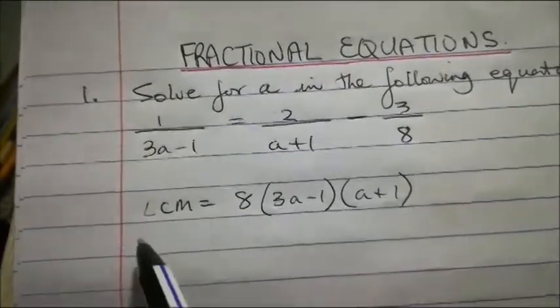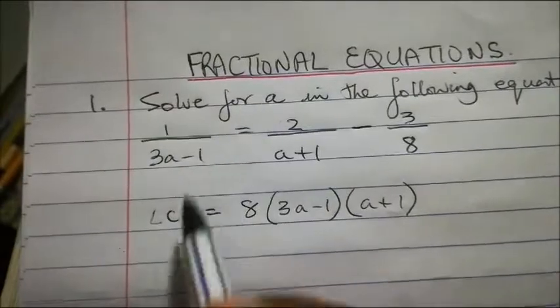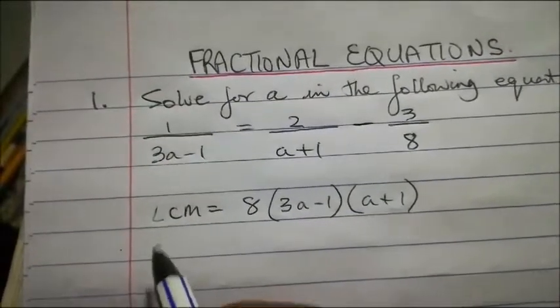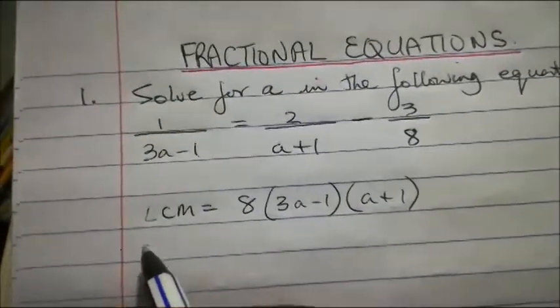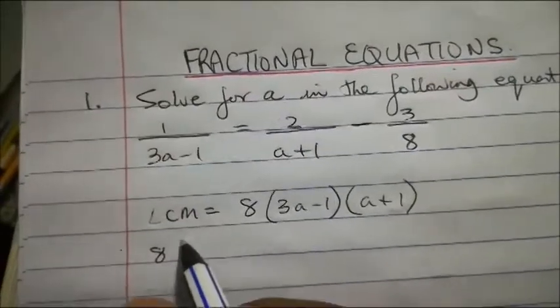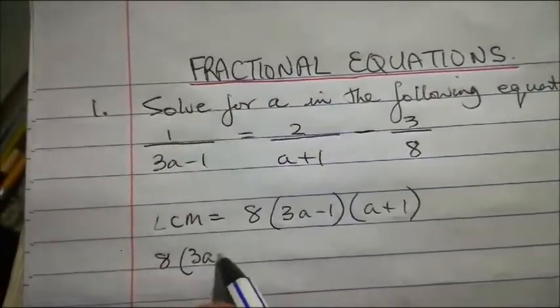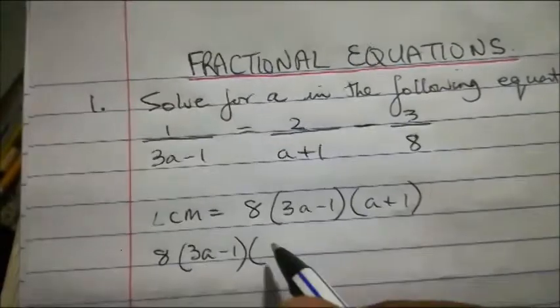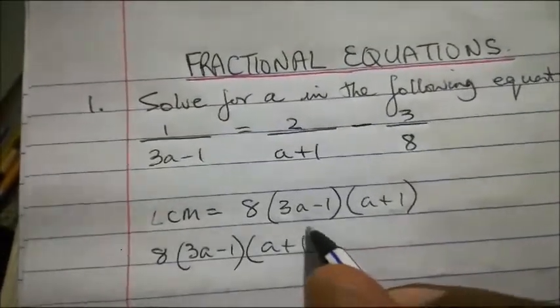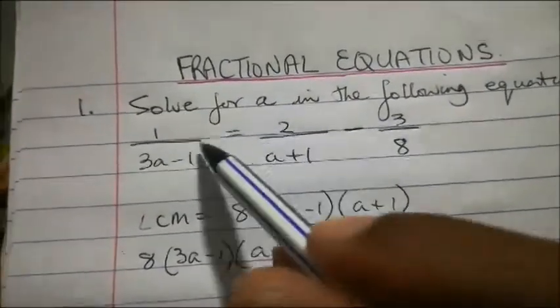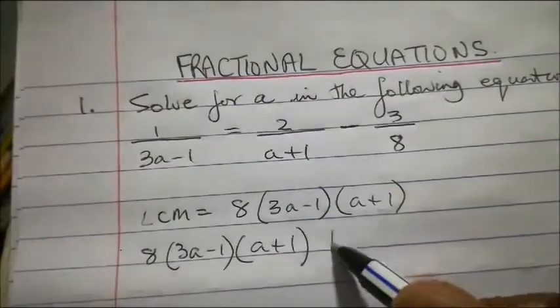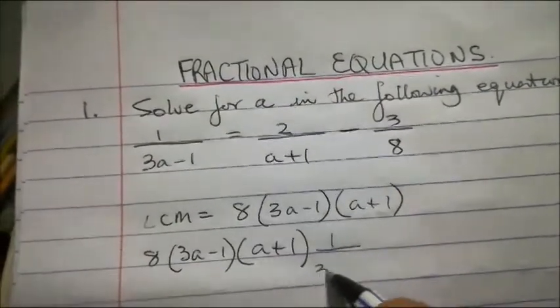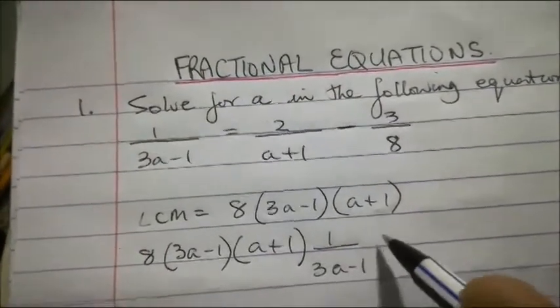So we're going to multiply 1 over 3a minus 1 by all of this. So we're going to have 8 into 3a minus 1 times a plus 1 multiplying by 1 over 3a minus 1.